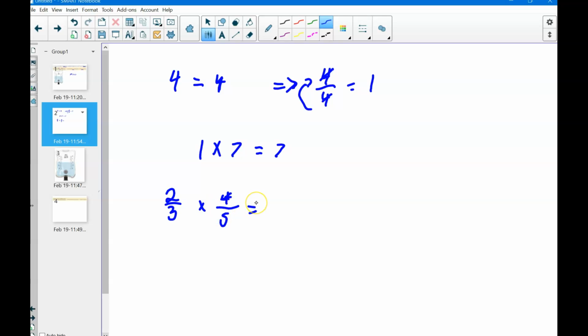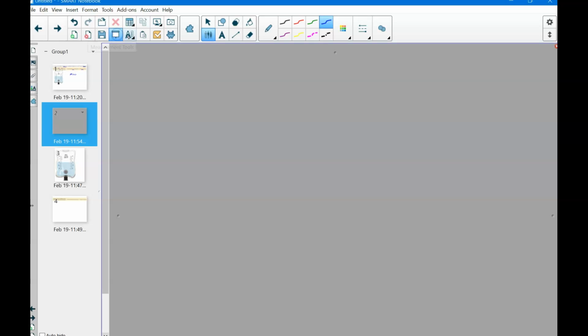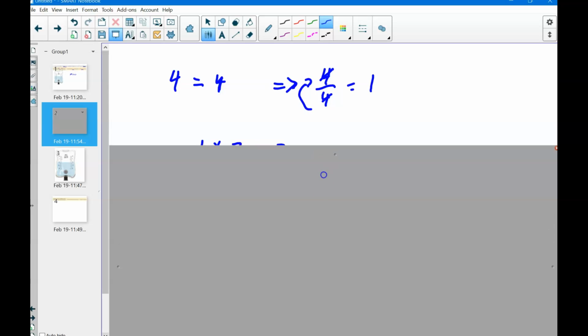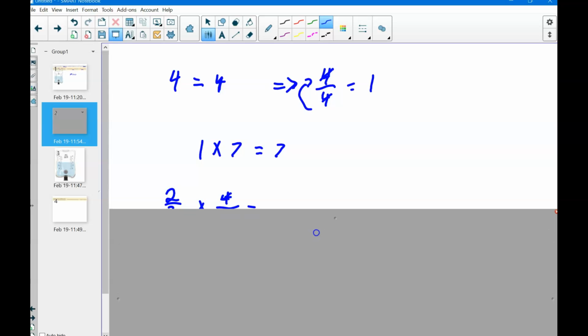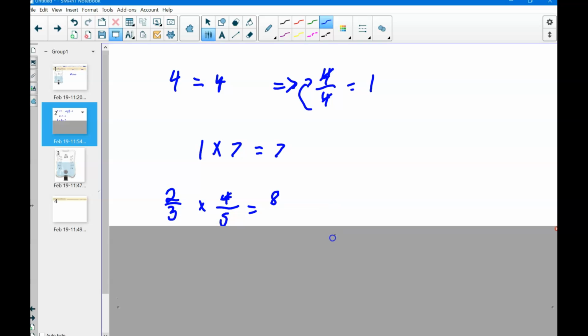When it's multiplication, it's the easiest one there is. I'm going to cover this up for a second and ask you a question. What is 2 times 4? You're going to know that's 8. Then, what's 3 times 5? You're going to say 15. And that's the answer. Yes, that's as hard as it gets with multiplication of fractions.